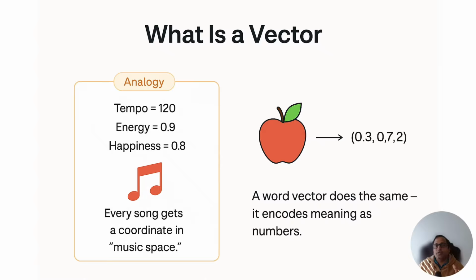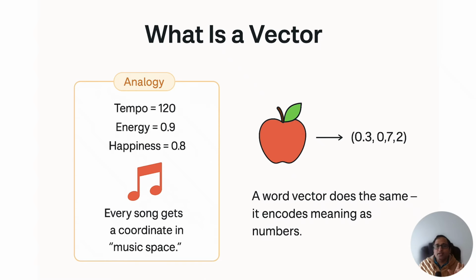Song B could be slower, maybe not that happy, maybe kind of a sorrowful, sad type of song. Now, if you plot the numbers in a space, every song becomes a point, and similar songs end up close together. That means all the songs with a tempo of 100, 120, 110, 130 might be very close to each other, right?